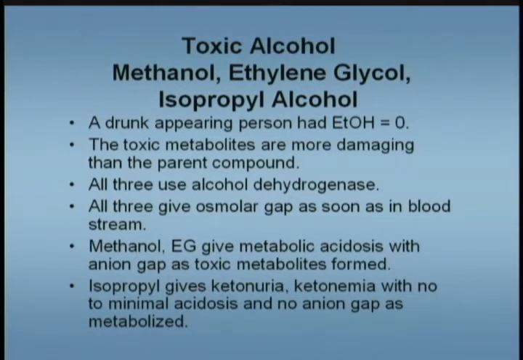These are osmotically active substances. All right? As methanol and ethylene glycol are metabolized, the osmolar level comes down, and these are metabolized into an acid. So the patient develops a metabolic acidosis as the toxic metabolites are formed. Okay?